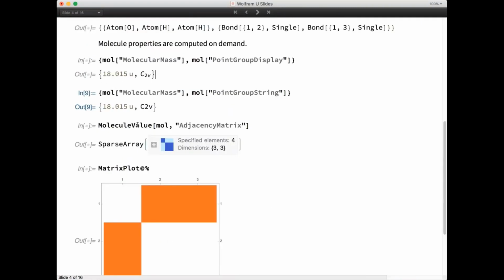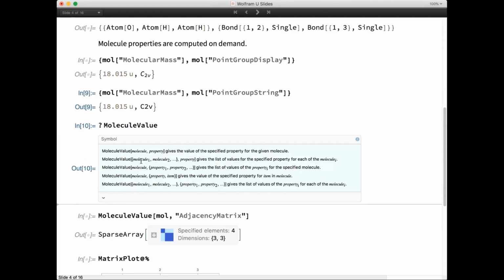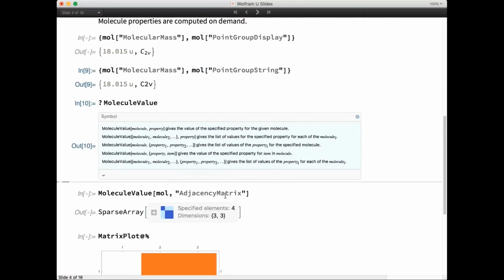So again, another interface you can use is this subvalue where you give it a string operator, but you can also use this function here, molecule value, which allows you to pass in multiple molecules and multiple properties and to get it in a faster, more efficient manner.